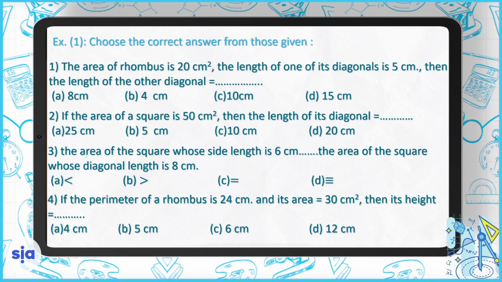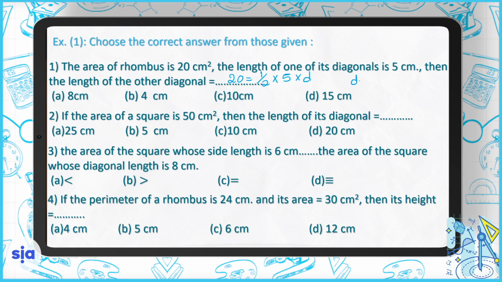Choose the correct answer from those given. If the area of the rhombus is 20 centimeters squared, and the length of one of its diagonals is 5, then what is the length of the other diagonal? As we just said, the area, which is 20, equals half multiplied by diagonal number 1 multiplied by diagonal number 2, which in this case is unknown.